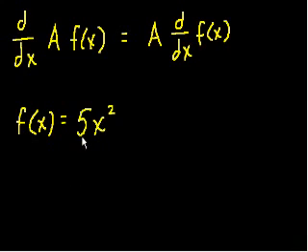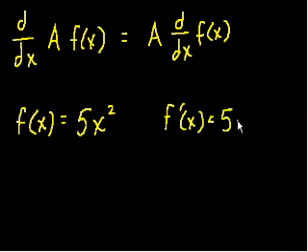Well, this is the same thing as 5 times x squared. I know I'm stating the obvious. So we can just say that the derivative of this is just 5 times the derivative of x squared. So f prime of x is equal to 5 times, and what's the derivative of x squared? It's 2x. So it equals 10x.